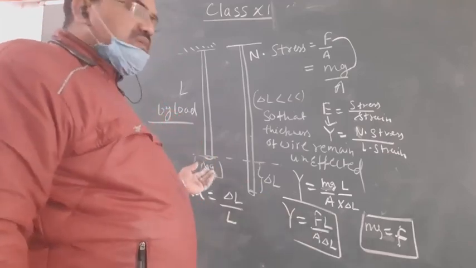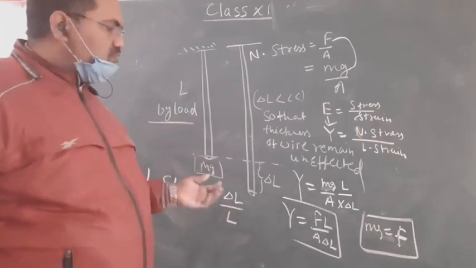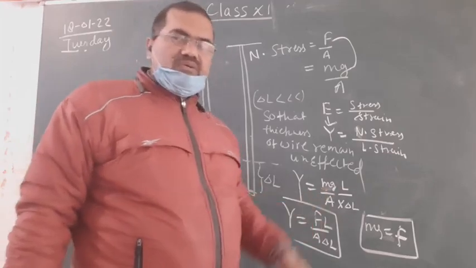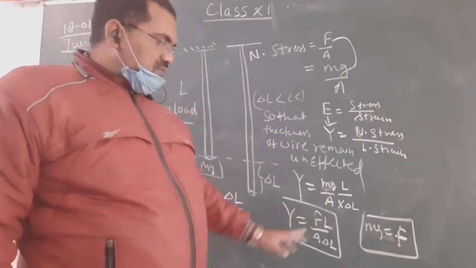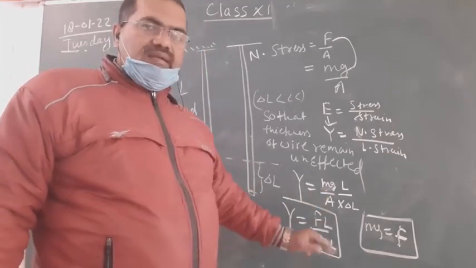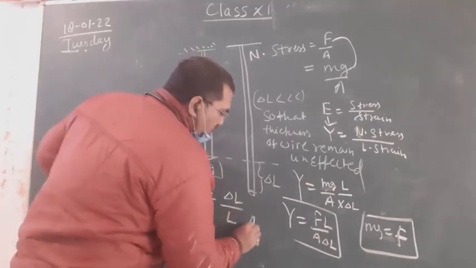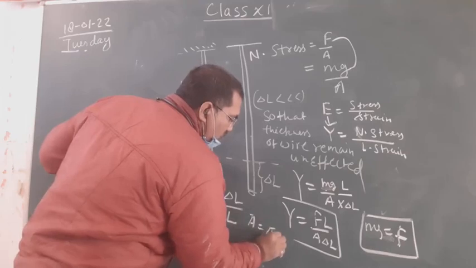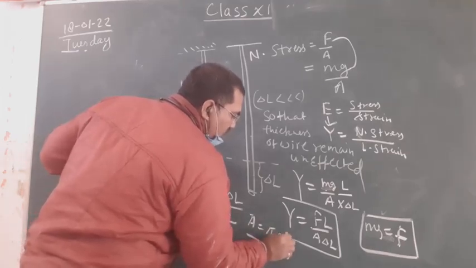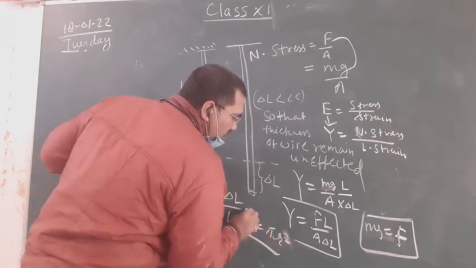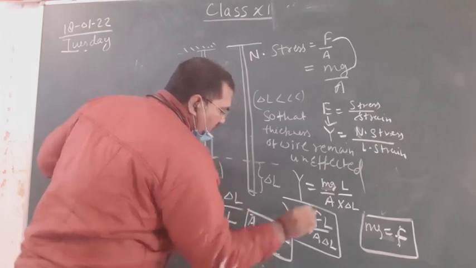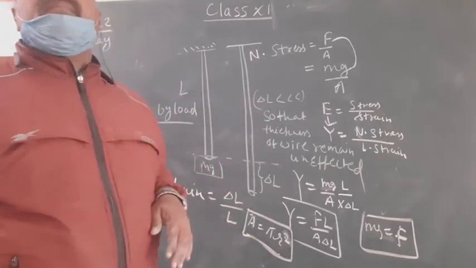In this question the load is mg, so you can put F equal to mg also. A can be written as pi r square. Why? The wire is cylindrical, so if the radius of the wire is r, then the area will be pi r square.